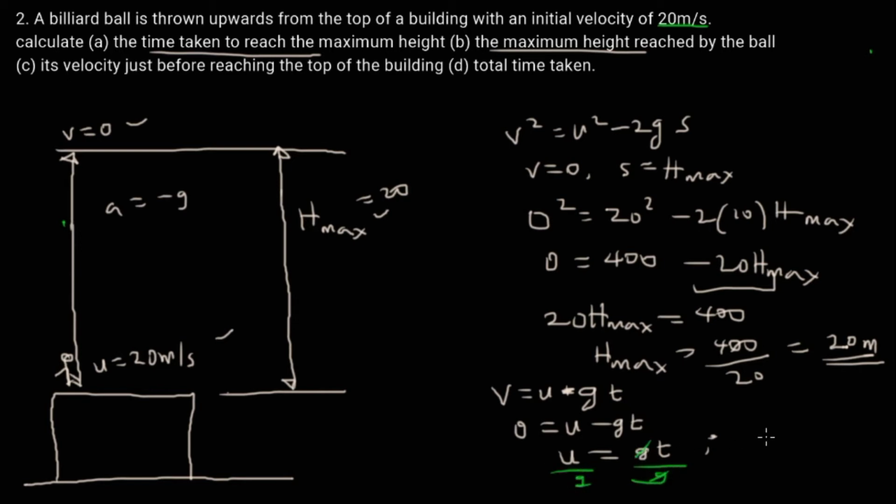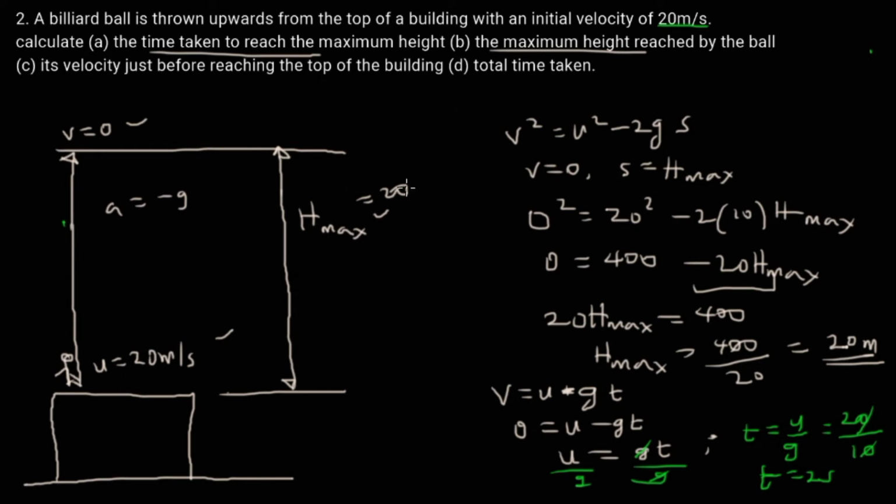Then t will be equal to u upon g, where u is the 20 meters per second, that's the initial velocity, and g is 10. So the time taken is 2 seconds to reach the maximum height. Notice that the time it takes to reach the maximum height is the time it will take to fall to the ground. Now calculate the velocity just before reaching the top of the building.